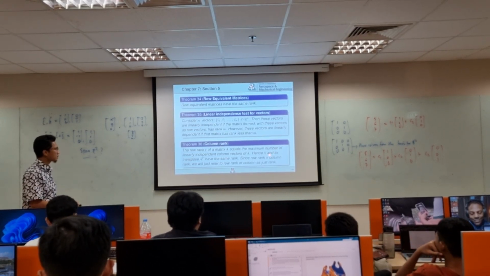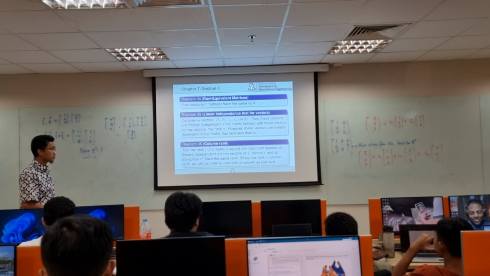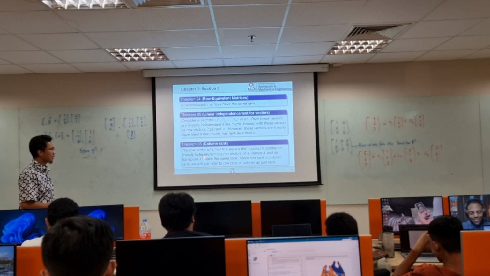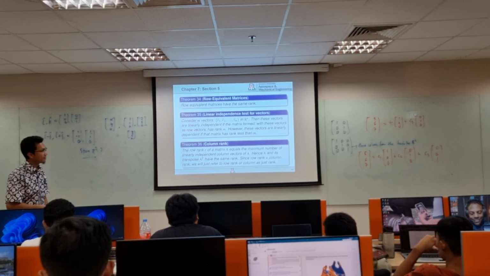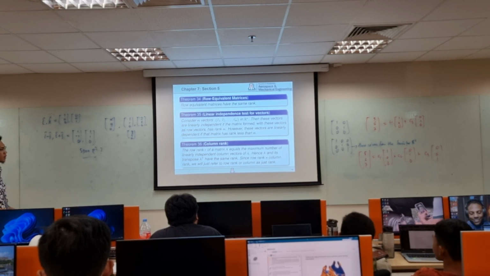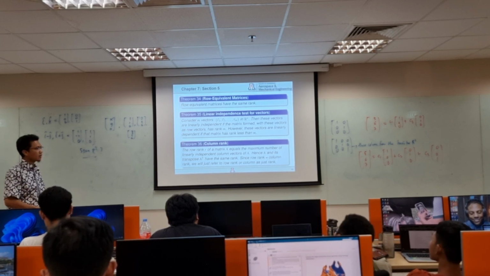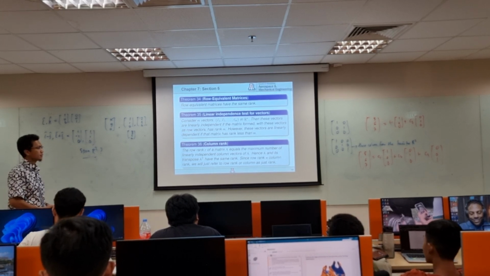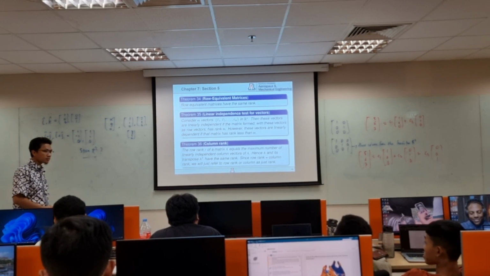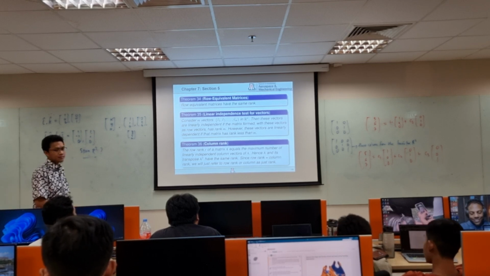If it is column, the row rank of a matrix A equals the maximum number of linearly independent column vectors of A. So in fact, the row rank cannot exceed the column rank. They will have the same rank for the row and the column.